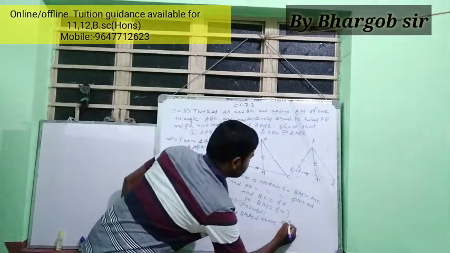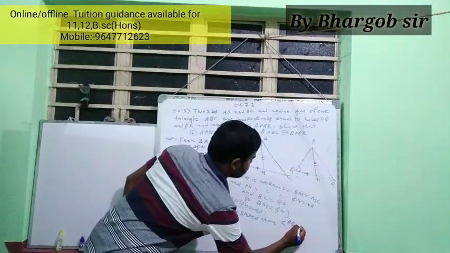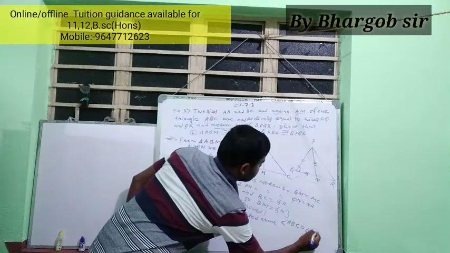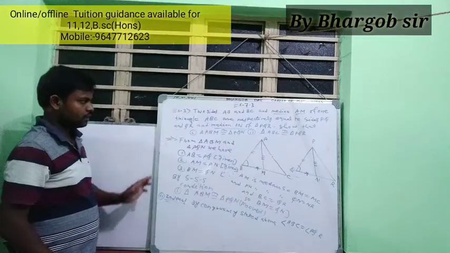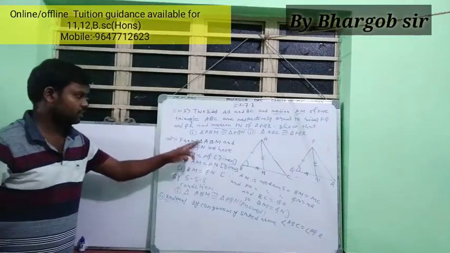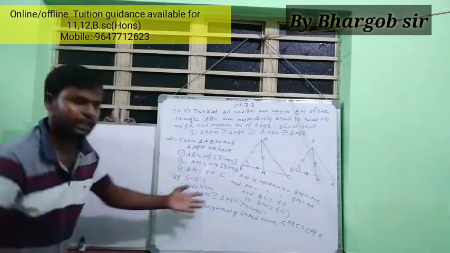Angle ABC equal to angle PQR. Now I have to write omitting this because there is no space.